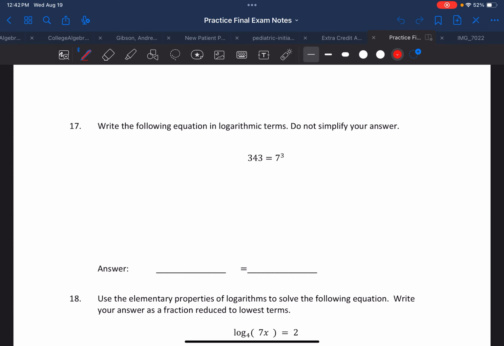Number 17 says to write the following equation in logarithmic terms. So this is in exponential form because it has an exponent. The general form of an exponential equation is a to the x equals b.